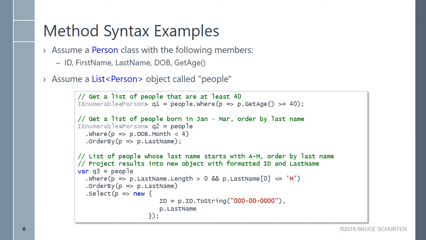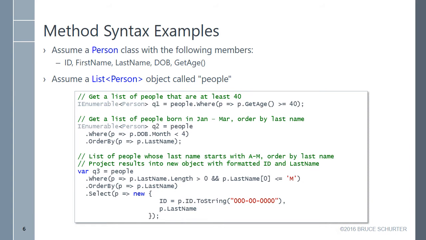Then we explicitly issue the select command, which is going to allow us to project a new type. You can see we're saying select p such that there is a new object, and again, using the anonymous data type syntax, we construct a new object that has two properties, ID and last name.